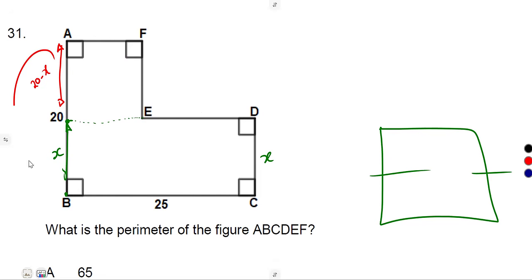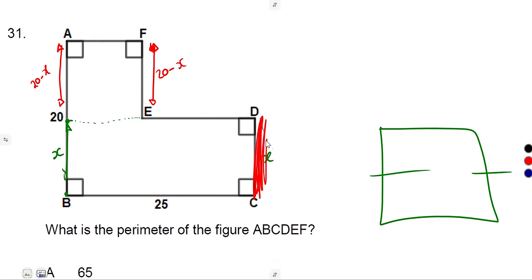I just want us to analyze that this is the same line you have here, from the rectangle concept. So if this is 20 minus X, it follows that F to E is 20 minus X.